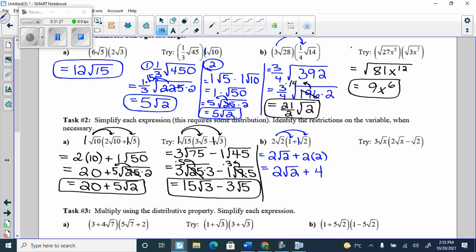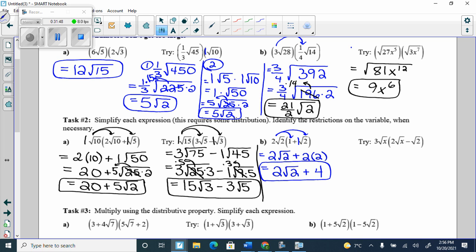Can I put anything together? I have something with a root 2. I have something without a root 2. Can I put them together? No, they're not like terms. Remember yesterday's lesson? You can only put together square roots that have the same radicand or numbers that don't have a radicand. So I'm done.